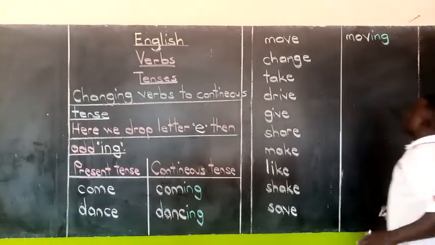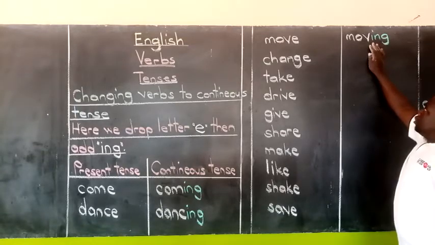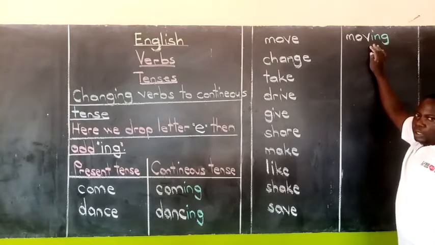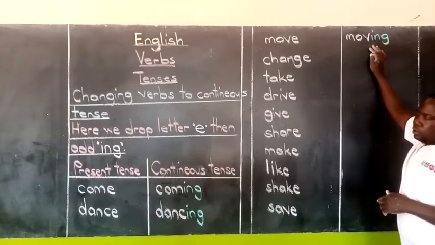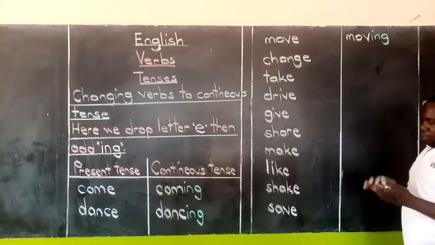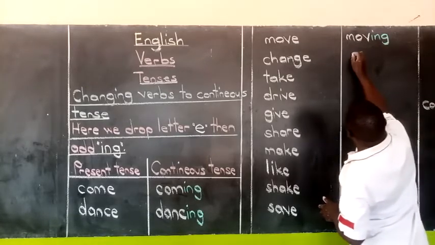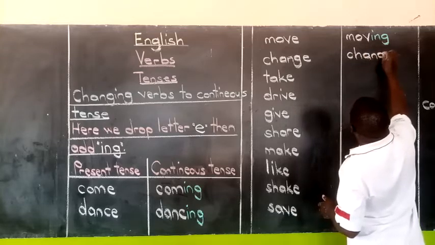E is not here under the continuous tense. We have dropped it, then we have added ing. Change, continuous, changing.